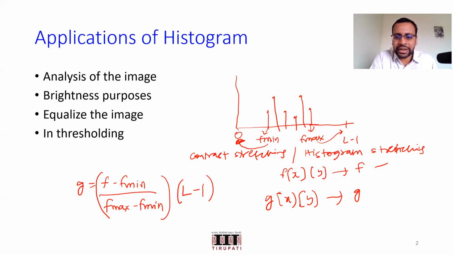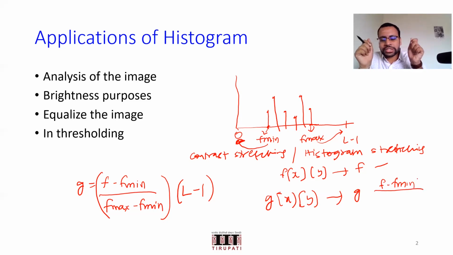For example, I wanted this F min to go to 0. So somewhere in your f, for some values of x comma y, the least value you could get for varying values of x comma y is F min. You want that in your histogram to go to 0. So what has been done there? F minus F min.